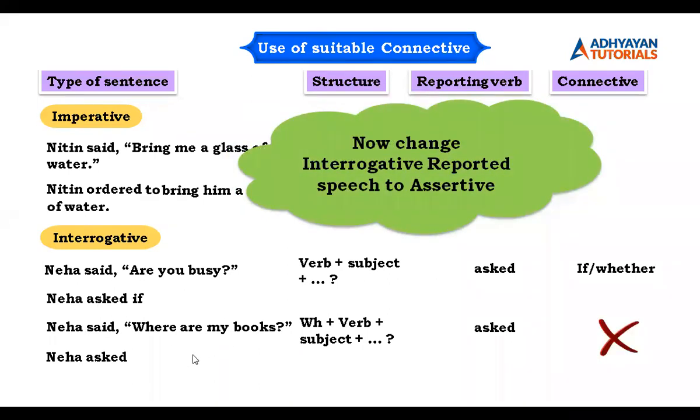So Neha said, where are my books, Neha asked where her books were. Okay, these are the only changes that you must know. Okay, so I think this is absolutely clear to everyone.